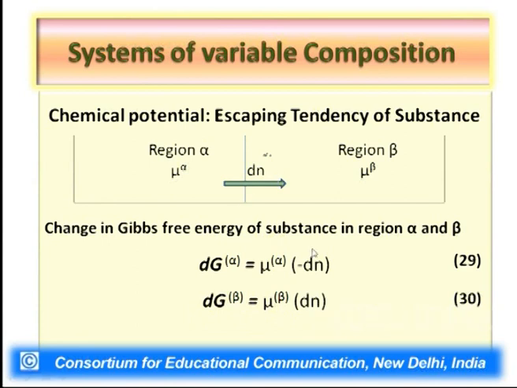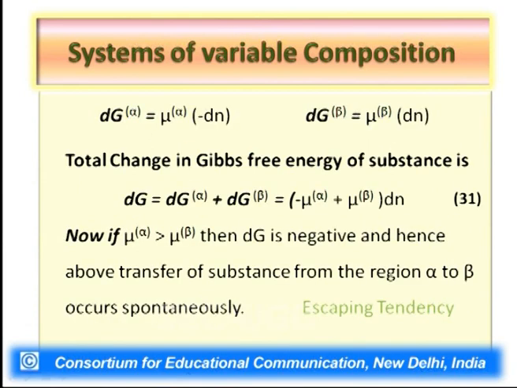Since there is only one component, we have not used the subscript i. So, making use of the definition of chemical potential, we have tried to calculate the change in Gibbs free energy in the two regions, and the sum of these changes is the total change in Gibbs free energy of the substance in the whole system. So dG equals dG alpha plus dG beta, which is mu alpha into minus dN plus mu beta into plus dN. So, dN you can now take common.